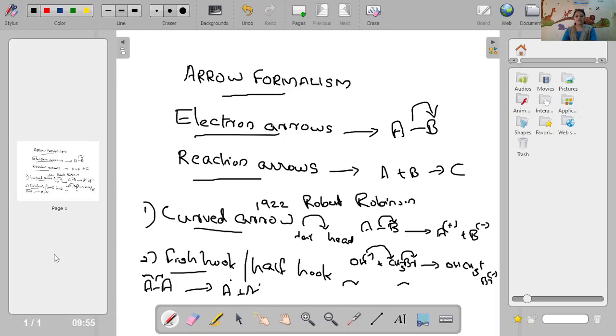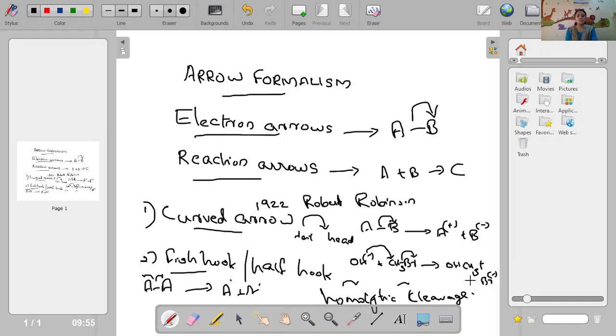Half hook arrow or fish hook arrow is usually used for representing homolytic cleavage, or movement of a single electron. So these are two types of arrows.